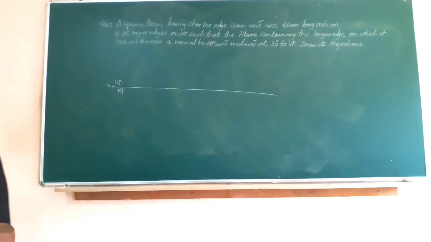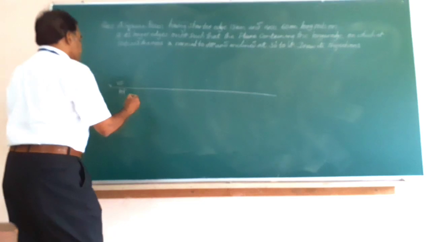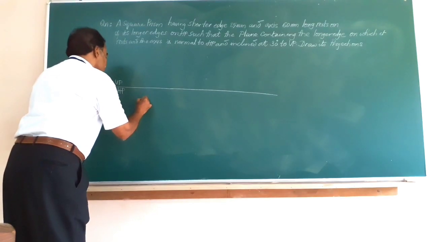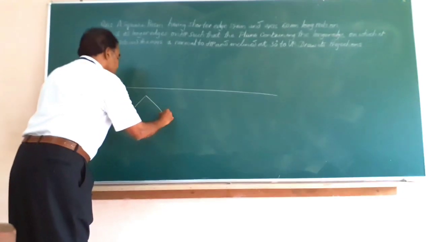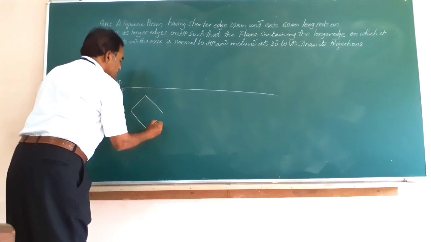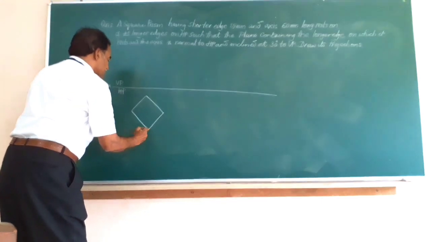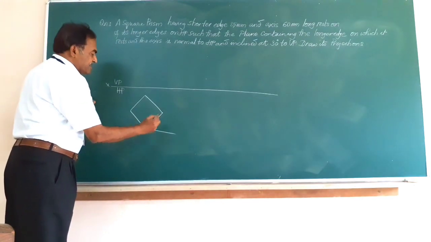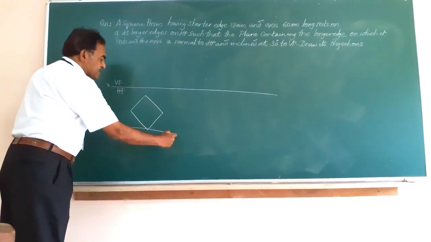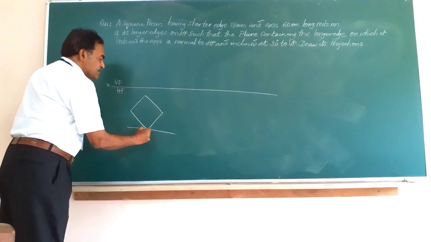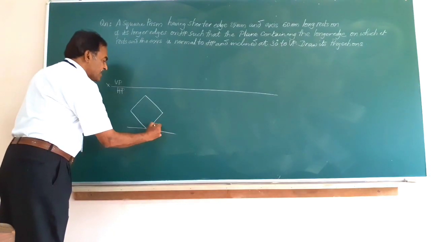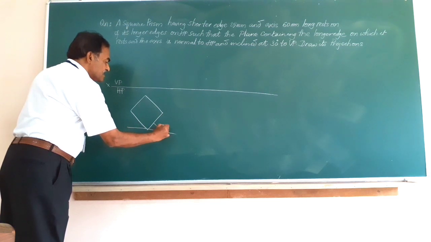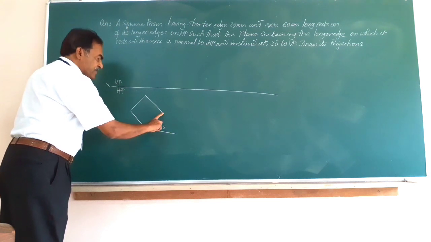So let me write down the top view of the object, the solid square prism. So I will tell you how to construct also in detail. So it is a square prism, top view. Friends, how to construct this? Each of these sides is measuring 25 mm. I draw a horizontal line and draw any other line at an angle of 45 degrees and of length equal to 25 mm.